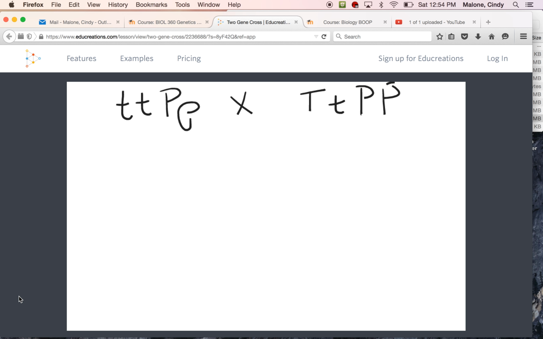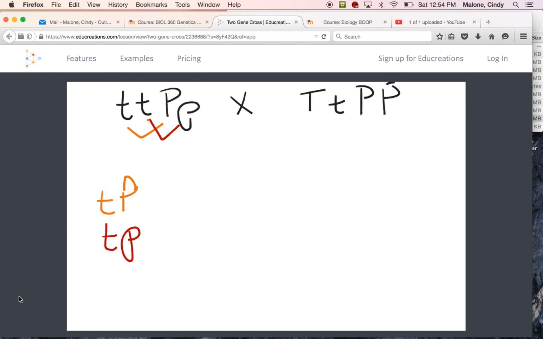So again, this little t could go with this big P, so we could have little t, big P. This little t could go with this little p. Then this little t with this little p.